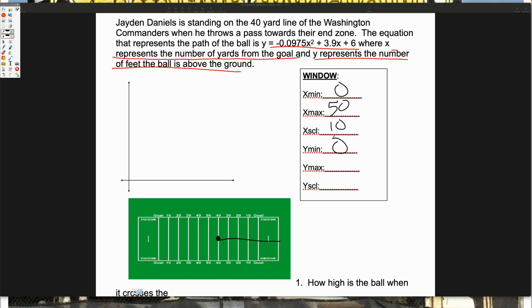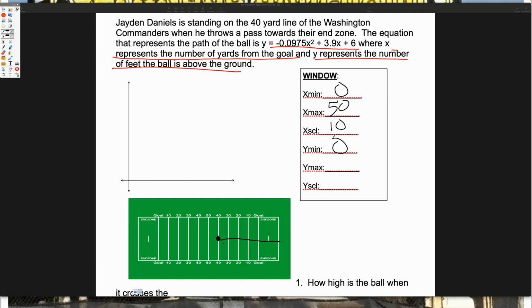And then our Y max: how high in the air do you think he can throw it? This one is just a pure estimation. What's a good starting point, you think? 10 feet in the air? He can throw a lot higher than that. Let's go a little bit higher than that. 25.